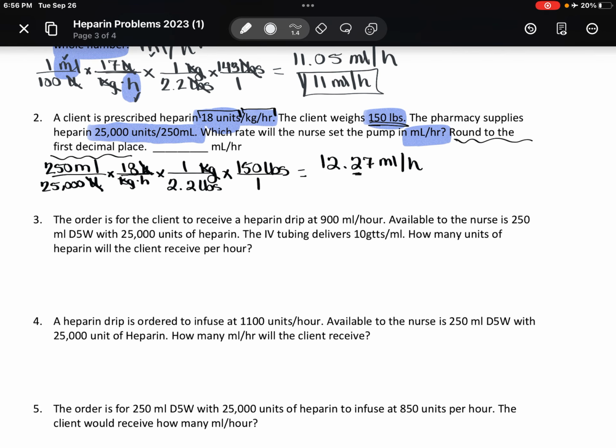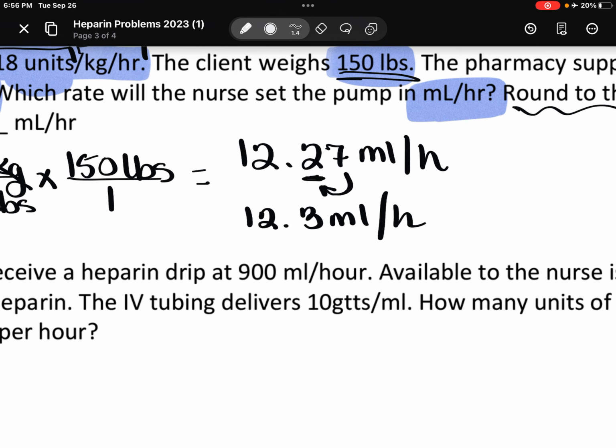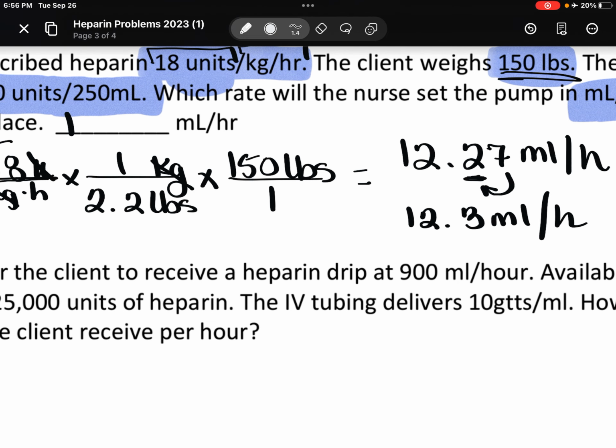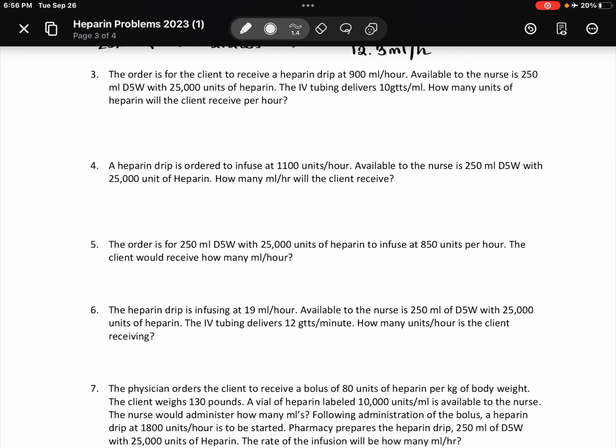So I have to round to here. I know this 7 is greater than 5, so that's going to take my 2 and bump it up to a 3. So my answer is 12.3 milliliters per hour. 12.3 milliliters per hour. And that is how you get that one.